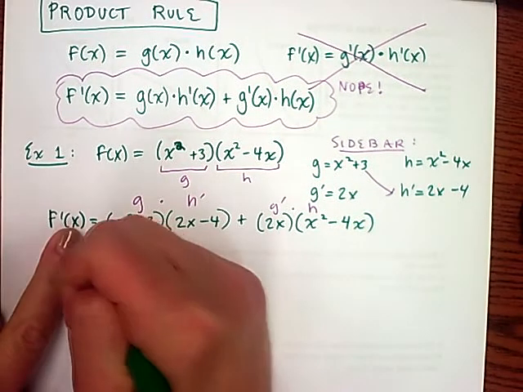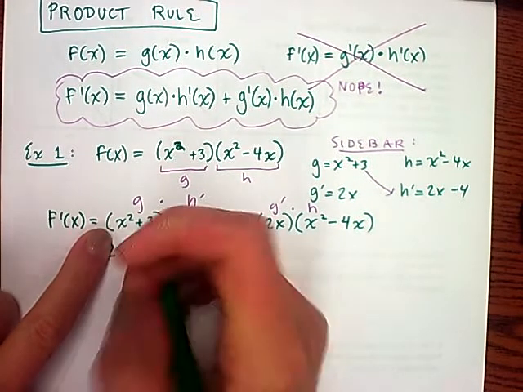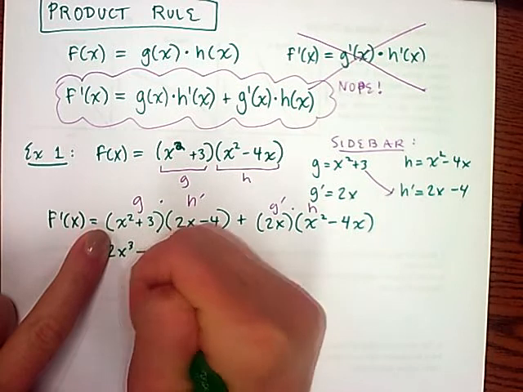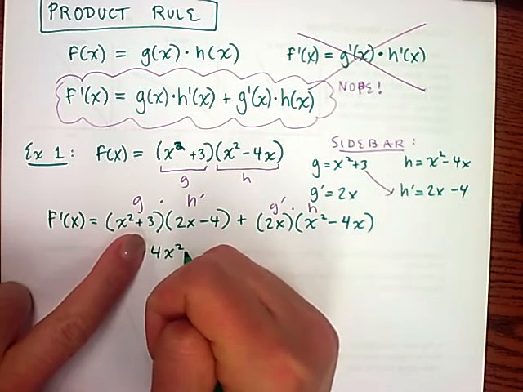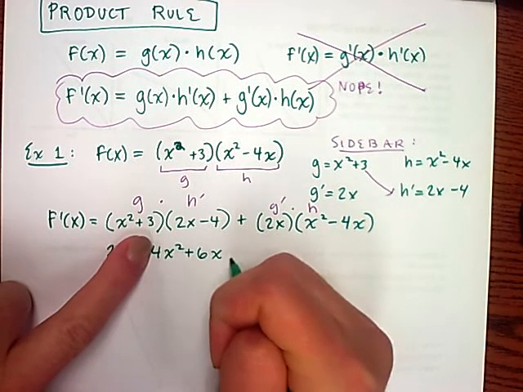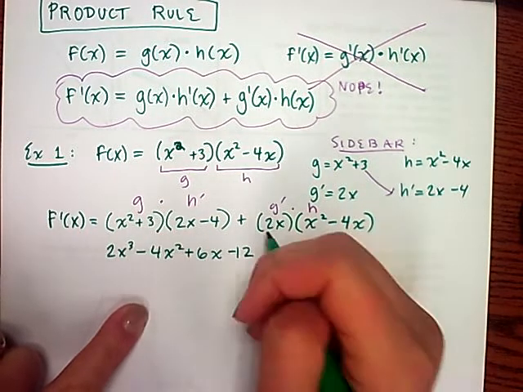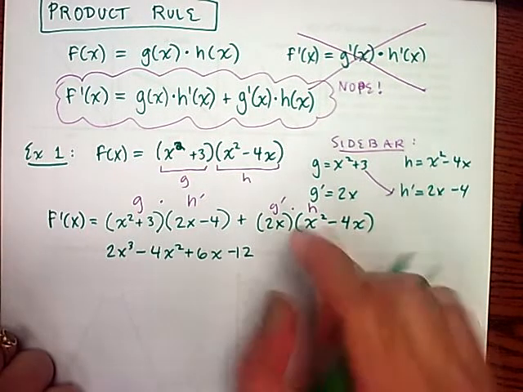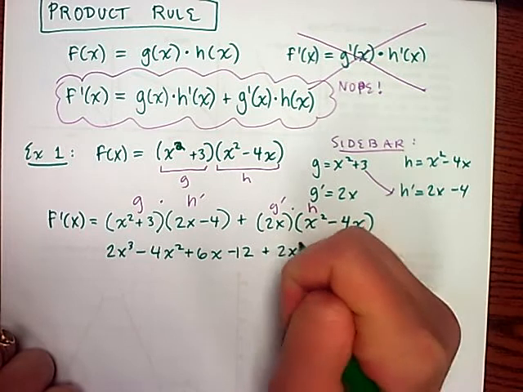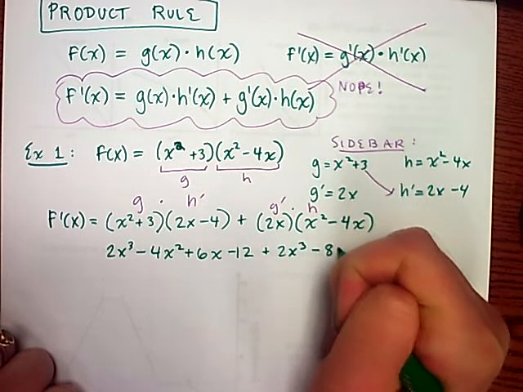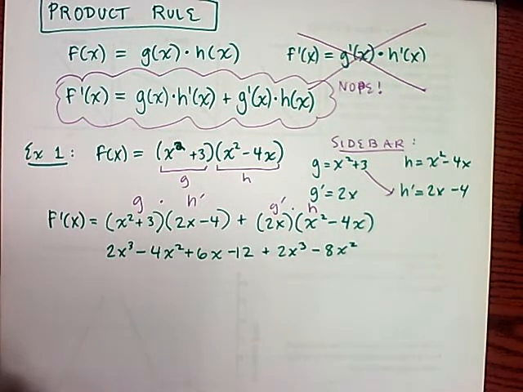times 2x is 2x to the third, x squared times negative 4 is negative 4x squared, 3 times 2x is 6x, 3 times negative 4 is negative 12. So I can get all my terms here, and here I just need to distribute 2x in. So it'd be plus 2x to the third minus 8x squared, right? And now from there I could see, do I have any like terms that I can combine?